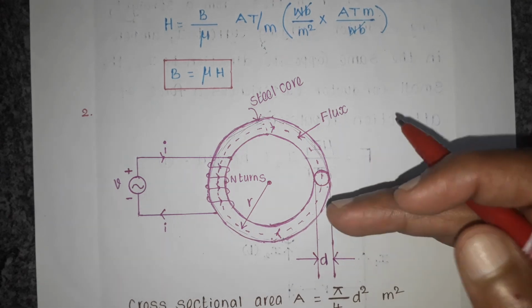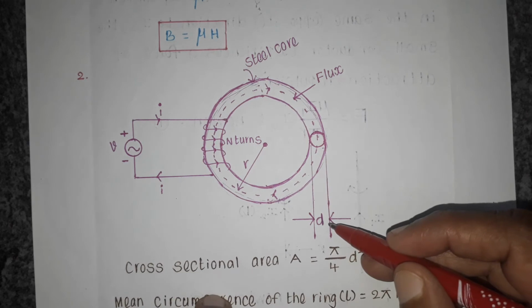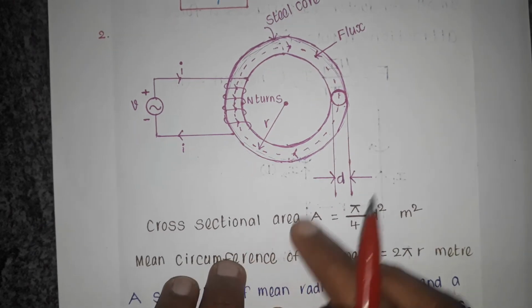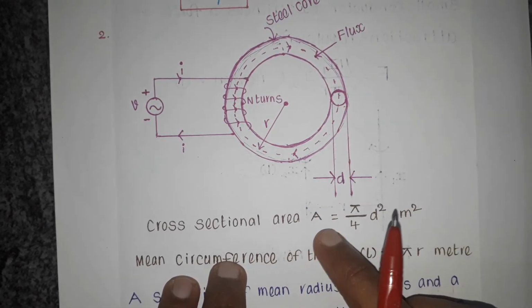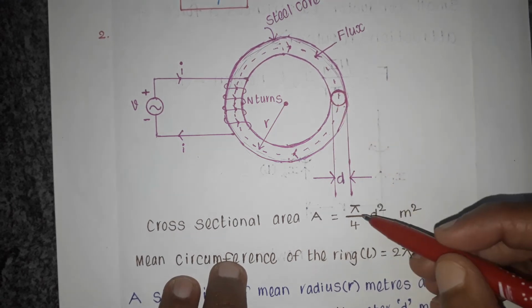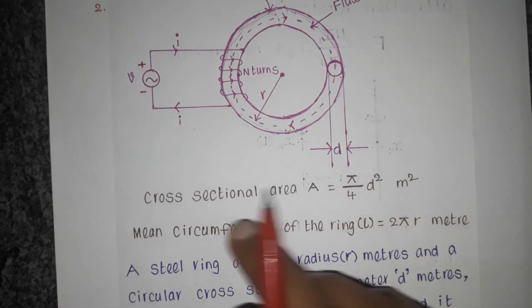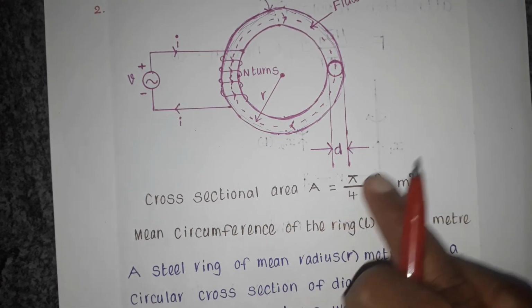If you take a cross section, again there is a circle whose diameter is D. The cross sectional area is given in terms of the diameter, pi by 4 d square meter square. So this is the cross sectional area A of the ring.